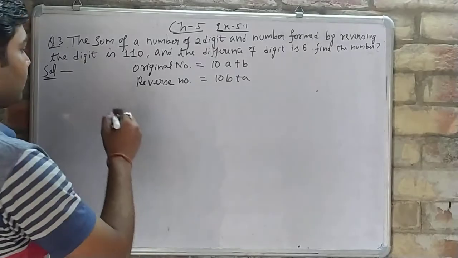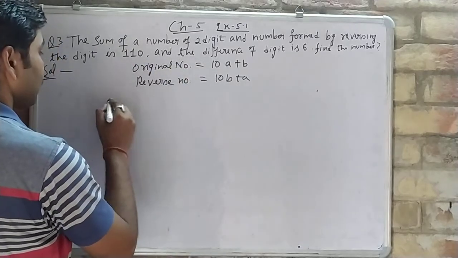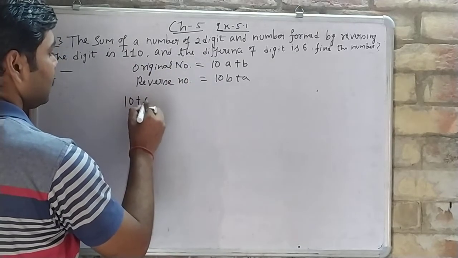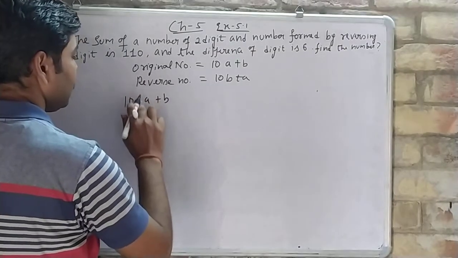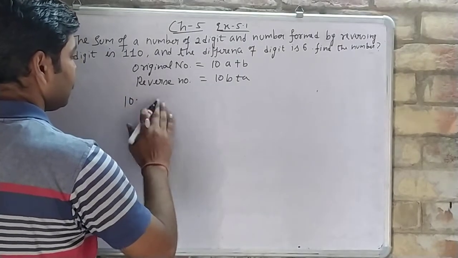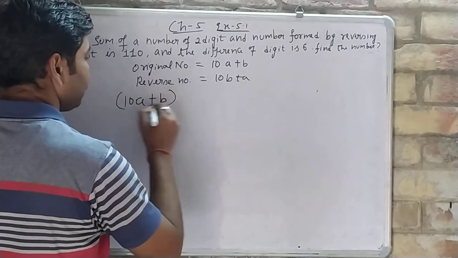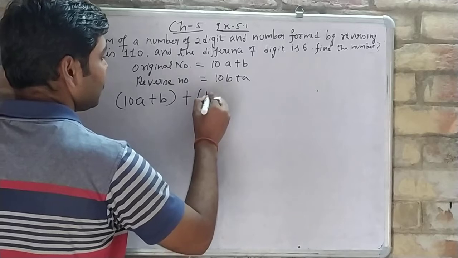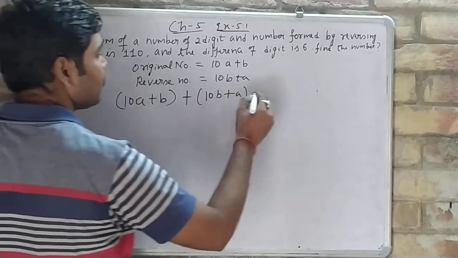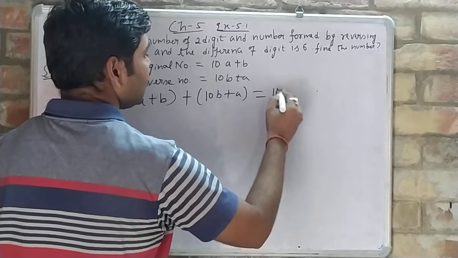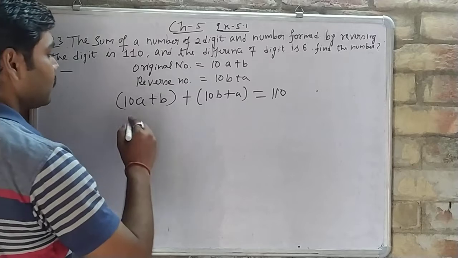According to the first equation, we have 10a plus b in one bracket, then 10b plus a in another bracket. This is the original number and the reverse number. When added up, the result is 110. The equation is saying this only. Now we will solve it.